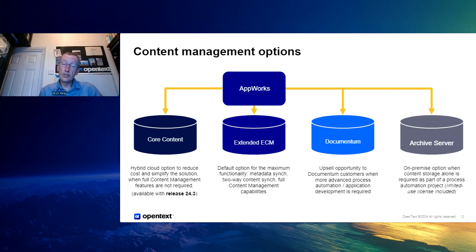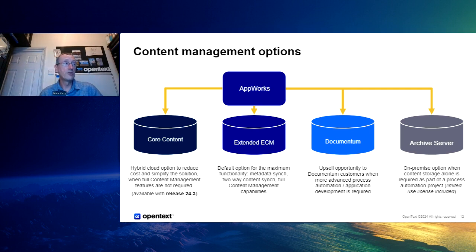We do have another option, for customers who don't want any content management from OpenText and don't have their own content management system already. We can integrate through CMIS, for example, as well. But we also ship AppWorks with a limited use license of Archive Server for pure content archival.